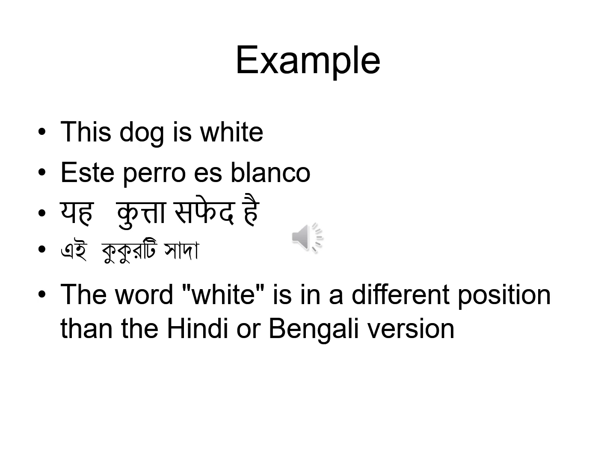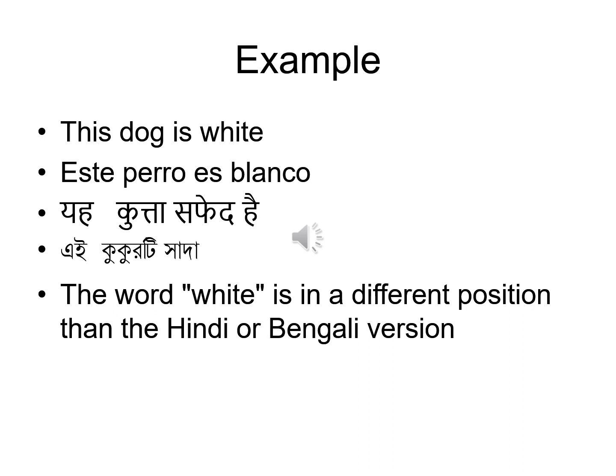Let me give you a very simple example that will illustrate this whole business in more concrete terms. You have a sentence written in English that says, "This dog is white." And you want to translate that into different languages. I have put down here the second sentence in Spanish.